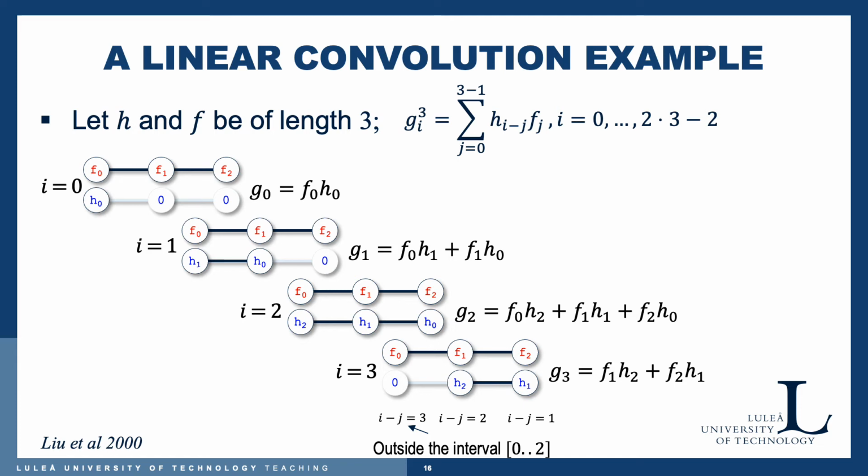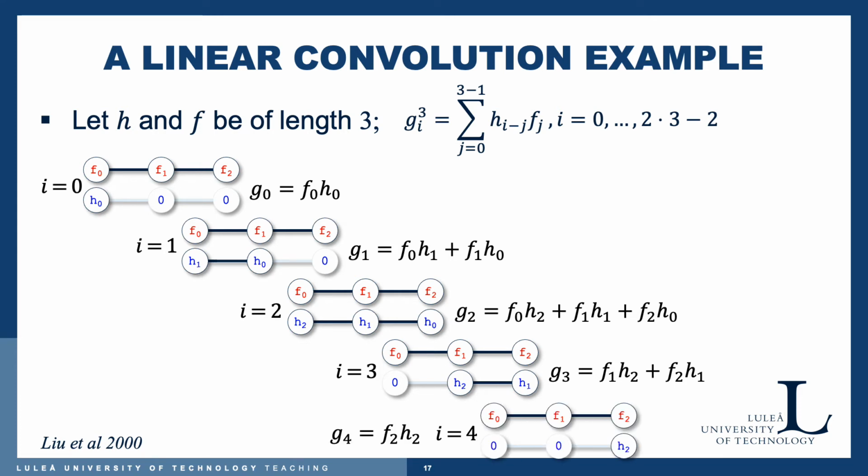We increase the index i to 3, and then we get the first point outside the interval, and g3 is just the sum of the two other ones, like this. And the fourth and last, or the fifth and last summation index, i equal 4, then we only have one point within the interval, which is counting to g4.